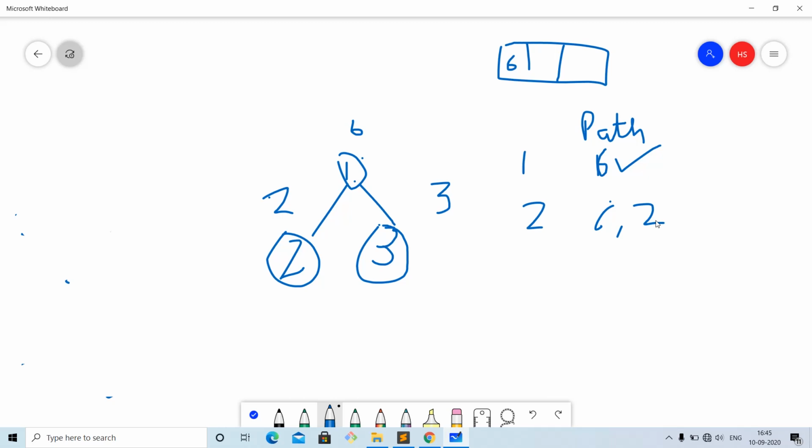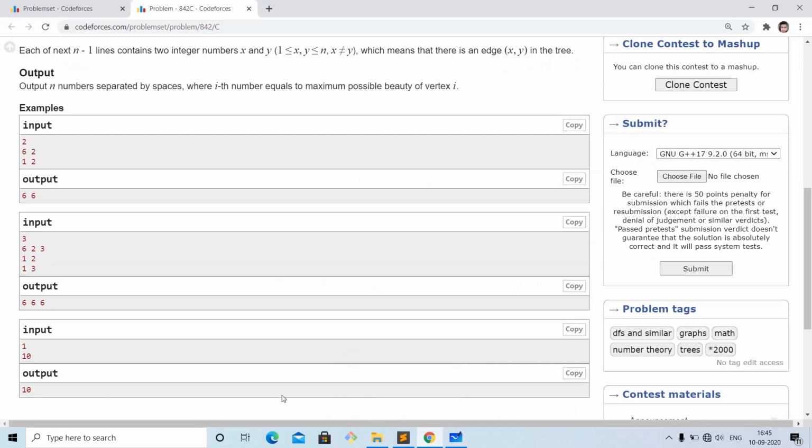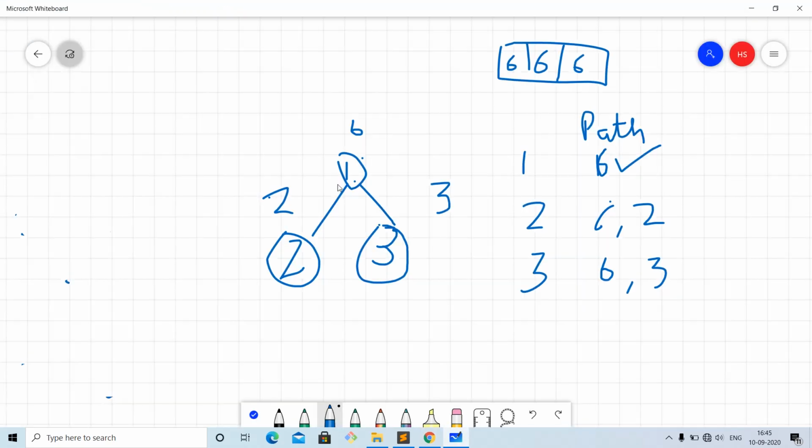But we have the privilege that we can drop at most one vertex, so we will drop vertex 2, and then we will get the GCD as 6. Similarly for vertex 3, the numbers on the path from the root to the vertex are 6 and 3. We can drop 3 and then we'll get the GCD as 6, and so our result array will be 6, 6, 6.